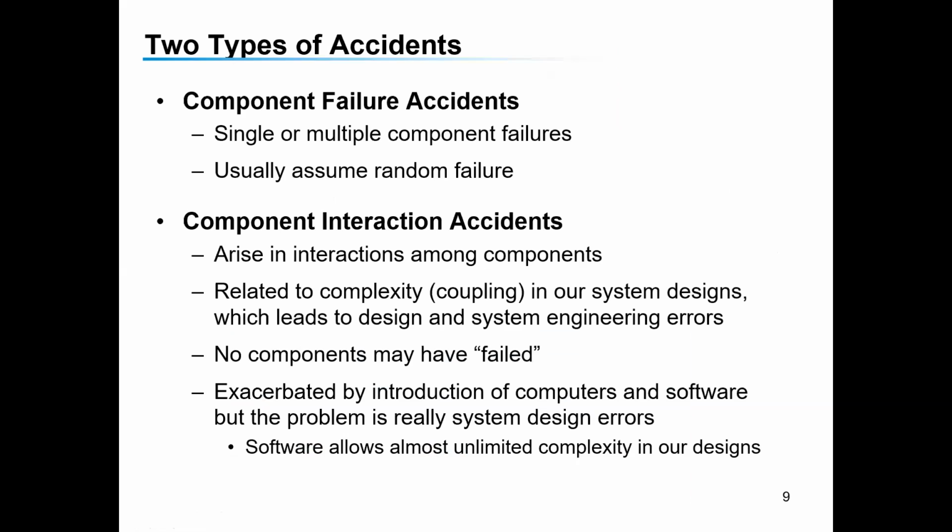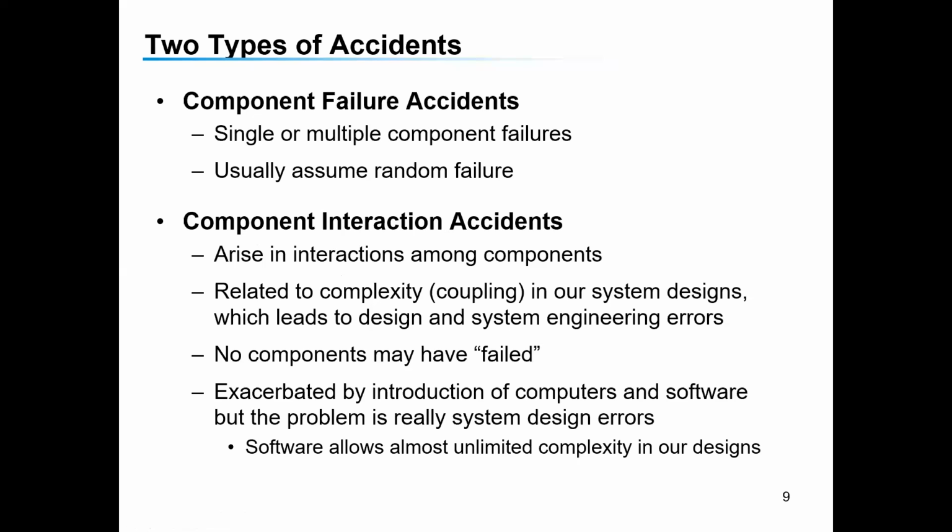So there are two types of accidents: component failure accidents, which are usually some kind of random component failure, but there are also increasingly component interaction accidents. They arise in the interactions among the components. They're related to complexity or coupling in our system design, which leads to design and system engineering errors, but system errors, not component problems.